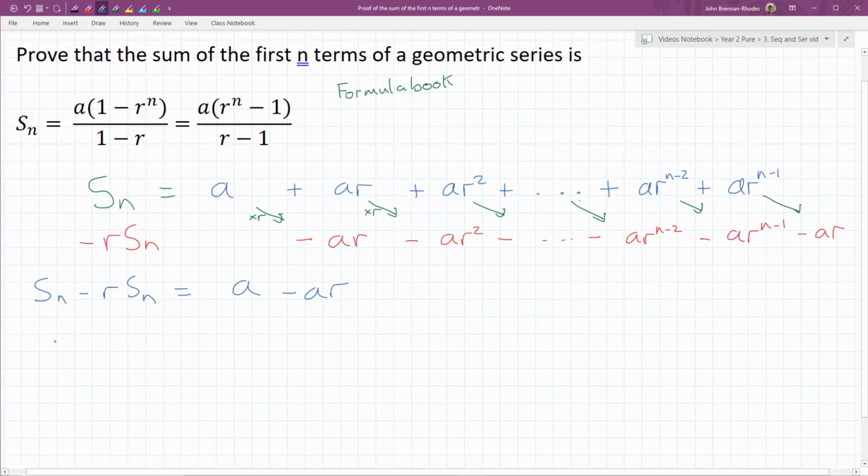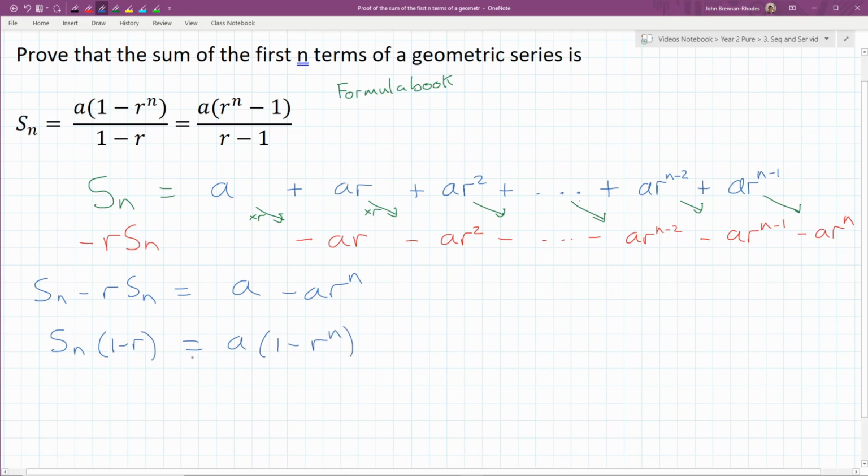So I'm going to factorise out Sn from this side. I get Sn, open brackets, 1 minus R. And on the other side I have AR to the n, so I'm going to factorise out A. So I get A, open brackets, 1 minus R to the n.